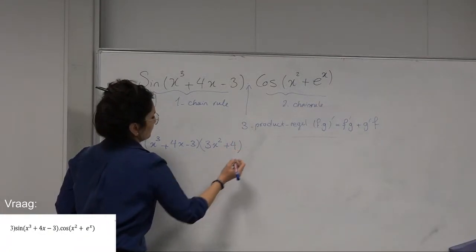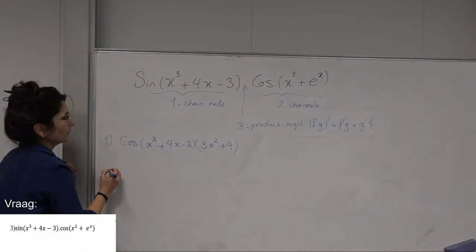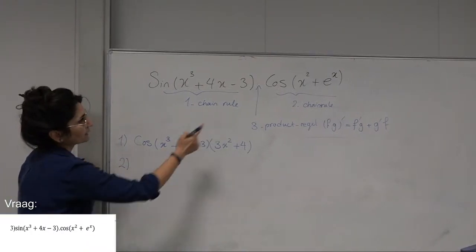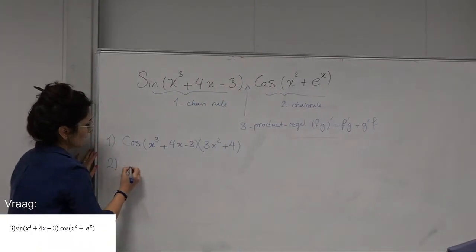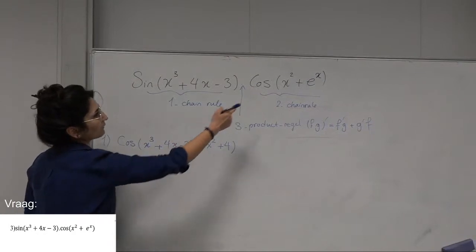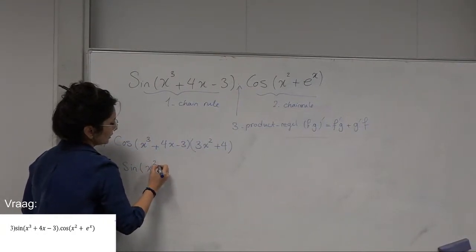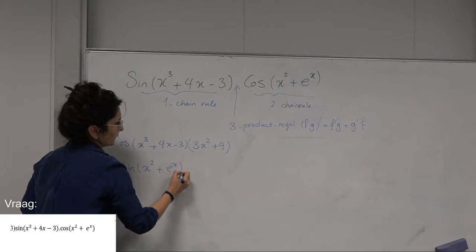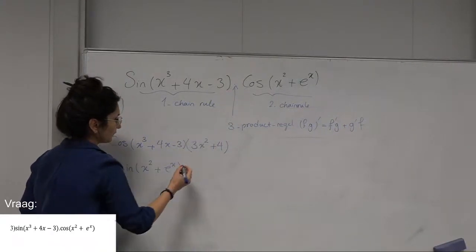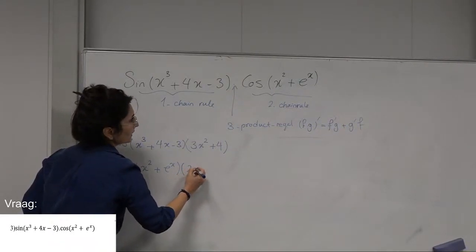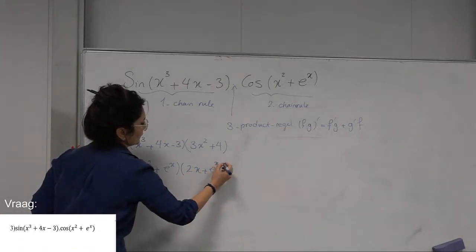Okay, this is the first one. The second one is, again, for cosine it is minus sine of the original function without changing it, multiplied by the derivative of the function that is inside, 2x plus e to the x.